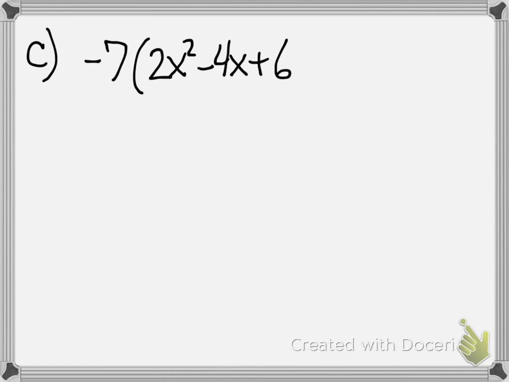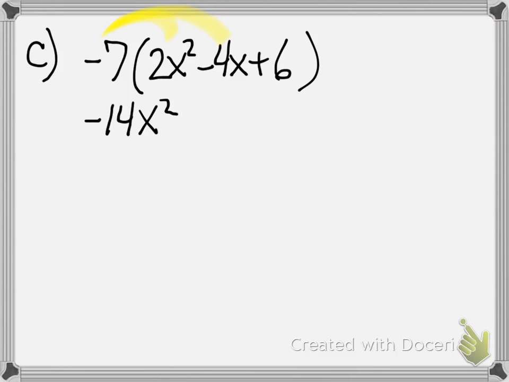There's another problem. I think they called it C in your book. So again, I'm going to use the distributive property and distribute through. So negative 7 times 2x squared is negative 14x squared. Then negative 7 times negative 4x.